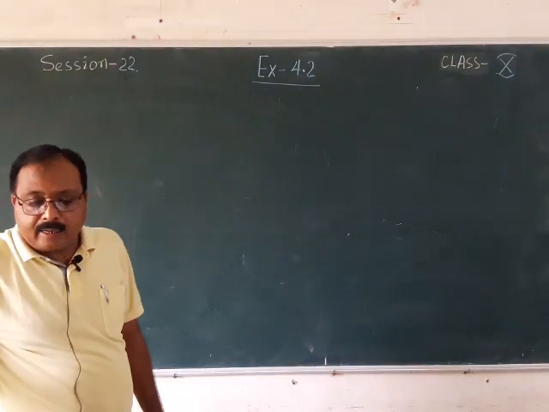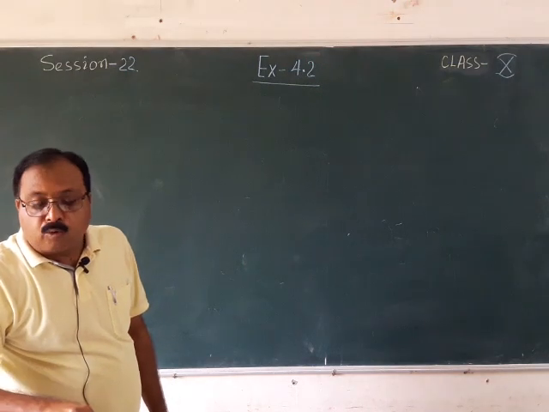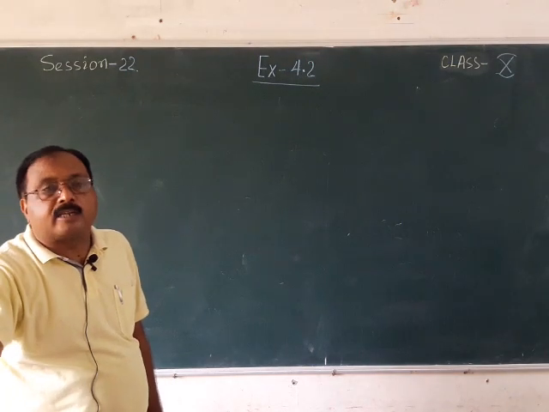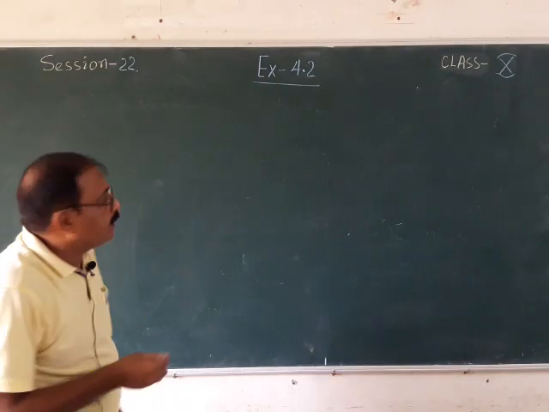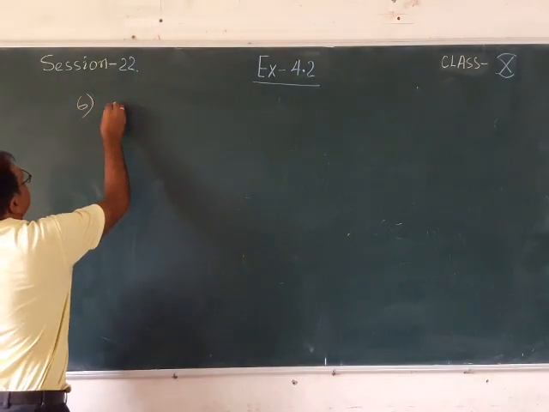What is written there in your book? Read it 2 times, 3 times, so that you can understand the question. So, this is question number 6.